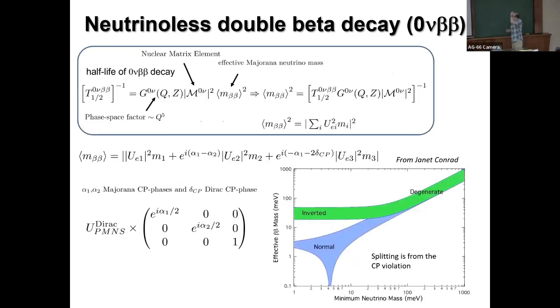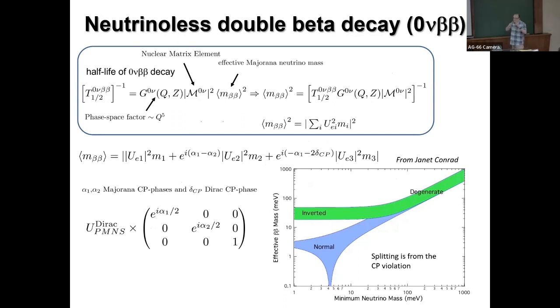So the highlight of the neutrinoless double beta decay is given by this expression, which depends on the phase space factor, the nuclear matrix elements, and the so-called effective Majorana neutrino mass. You have to pay attention that this is different from the effective mass that I used in the part on endpoint searches.